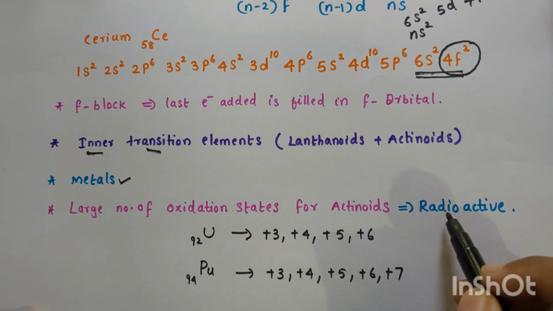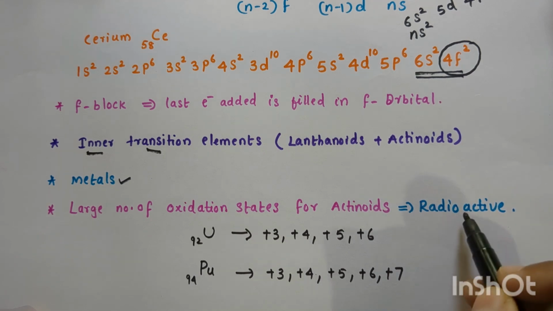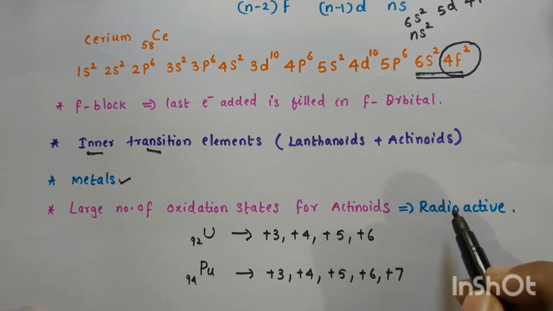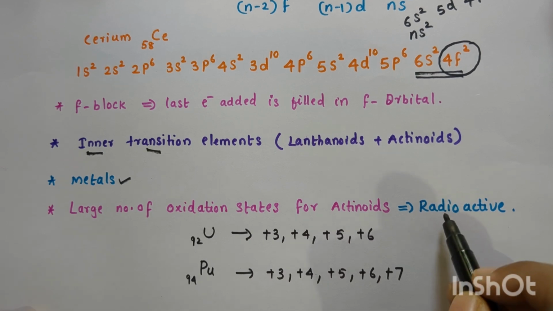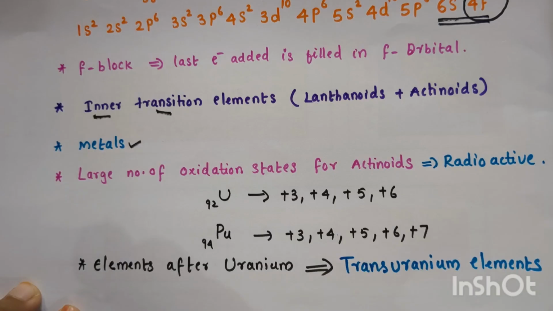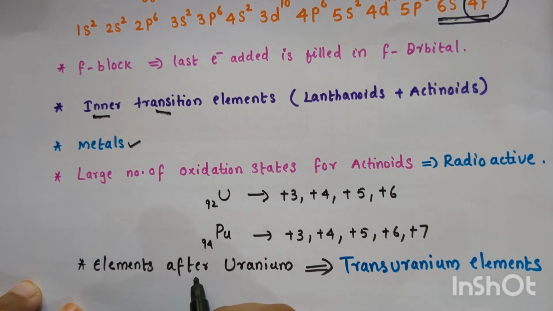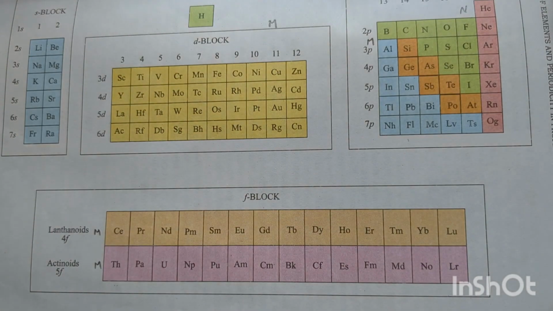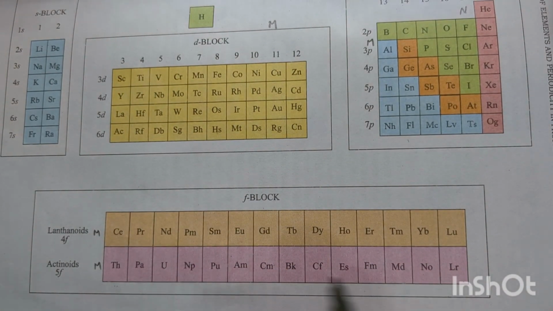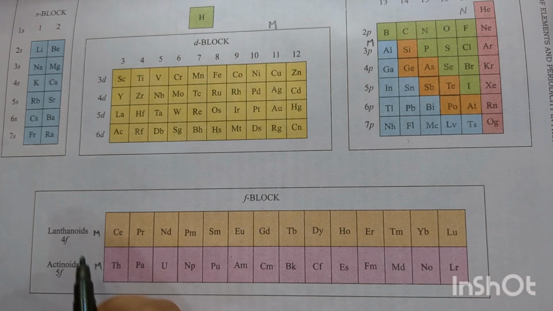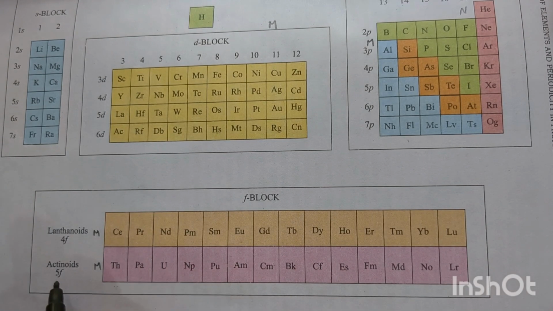And you see, actinoid elements are radioactive. That is, they can emit radiation and undergo radioactive decay. The elements after uranium are called trans-uranium elements. In this periodic table, here we have the f-block elements, and here is uranium, which is an actinoid and a radioactive element.